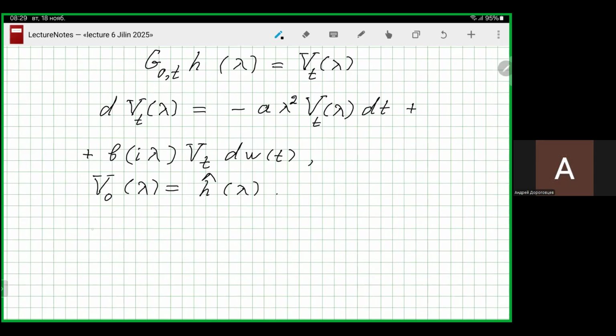So we have the following relation: v_t of lambda is equal to h hat of lambda multiplied by the exponent.